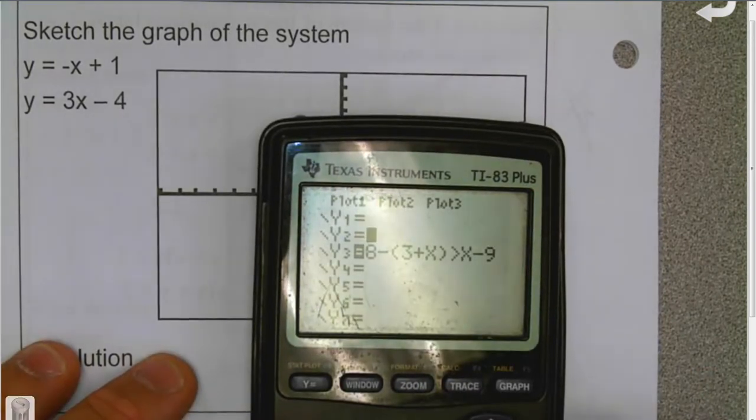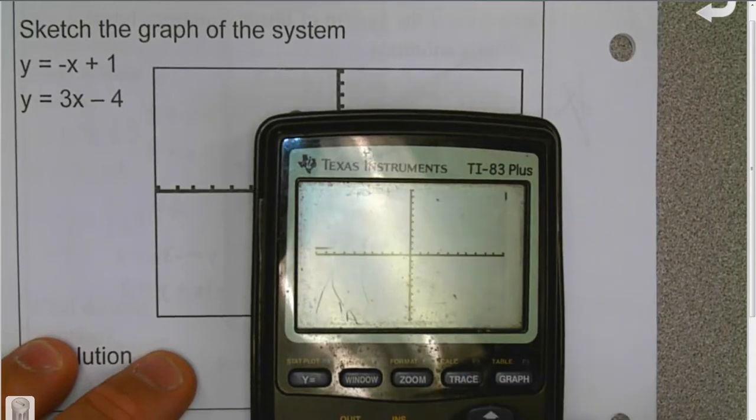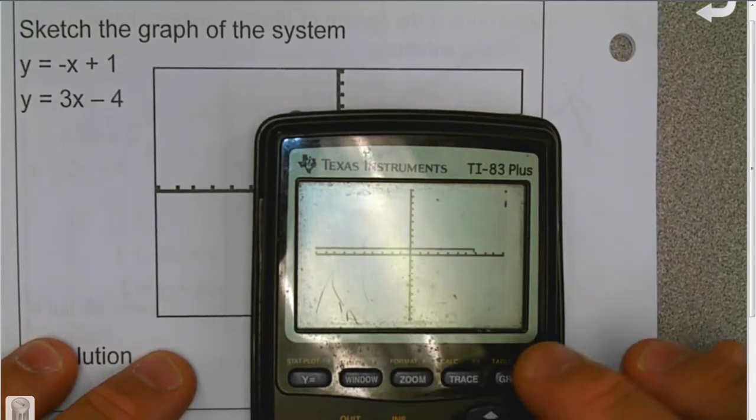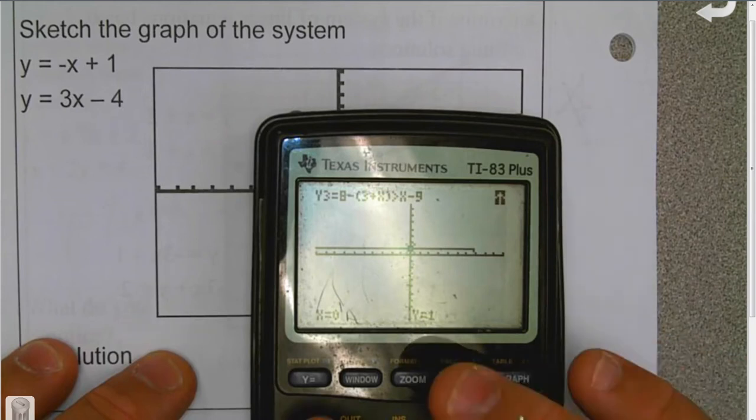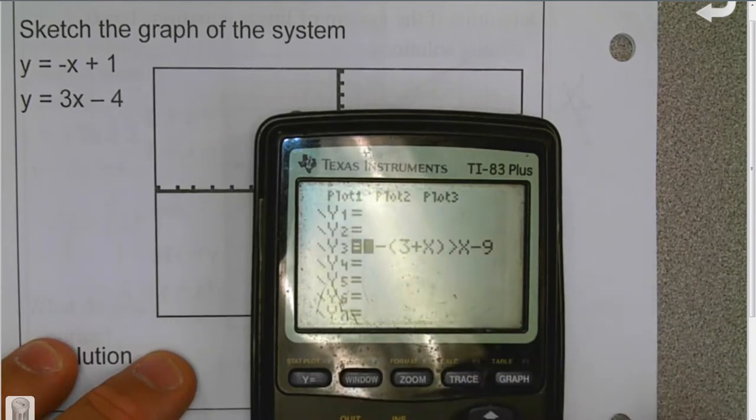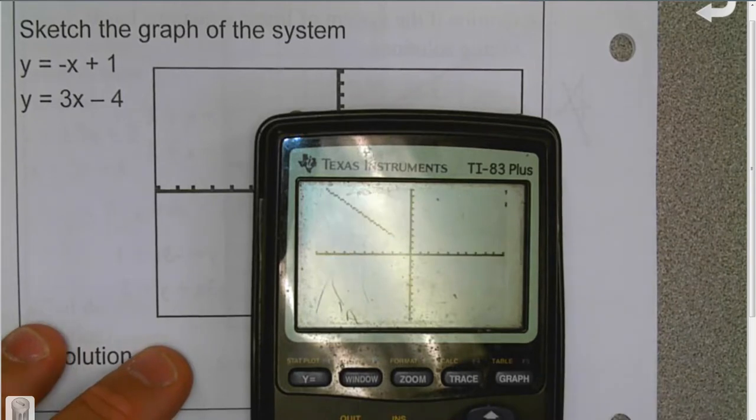I'm going to clear out my current y equals. Clear. I'm going to put negative x plus 1, and I'm going to put 3x minus 4. I'm going to hit enter or down arrow, and then do 3x minus 4, and we're going to graph it.